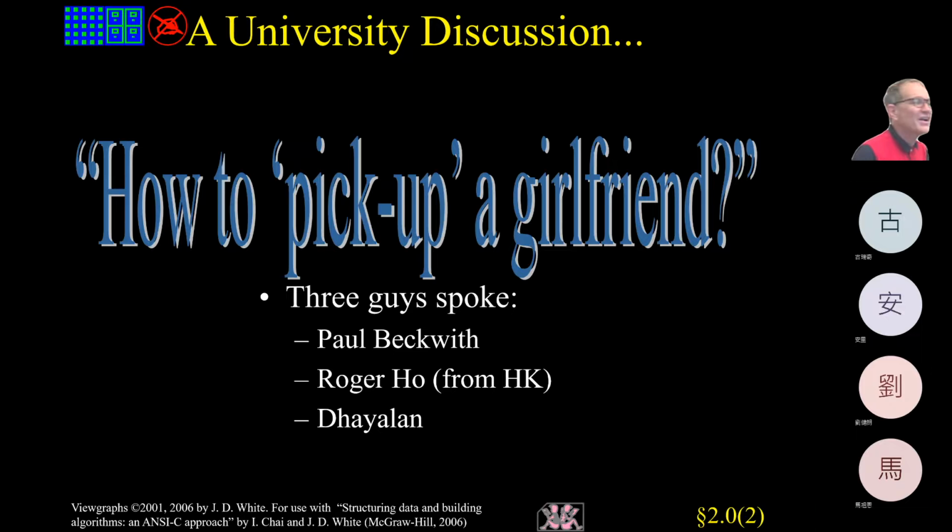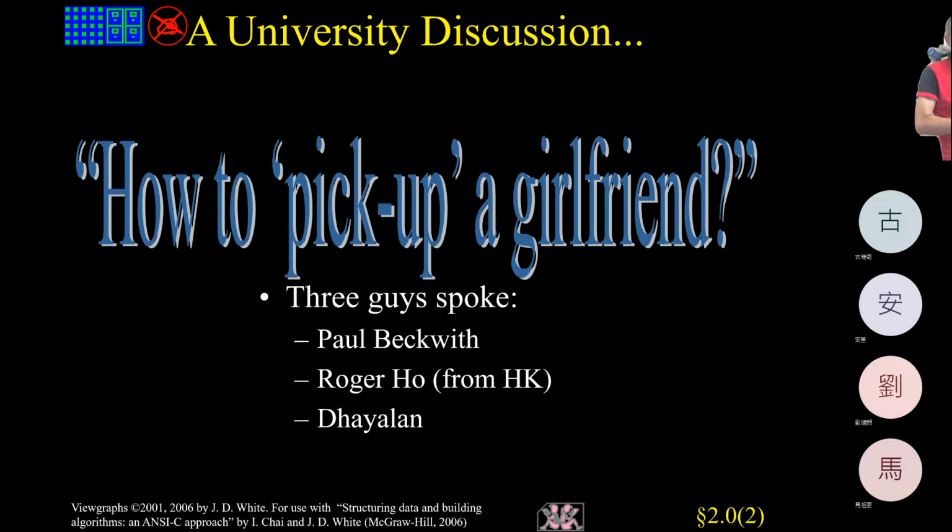There was a Canadian guy by the name of Paul Beckwith. He said you select one girl, try to be nice to her, get to know her, find out what she likes and doesn't like, and focus on one girl. That's basically a variable approach.